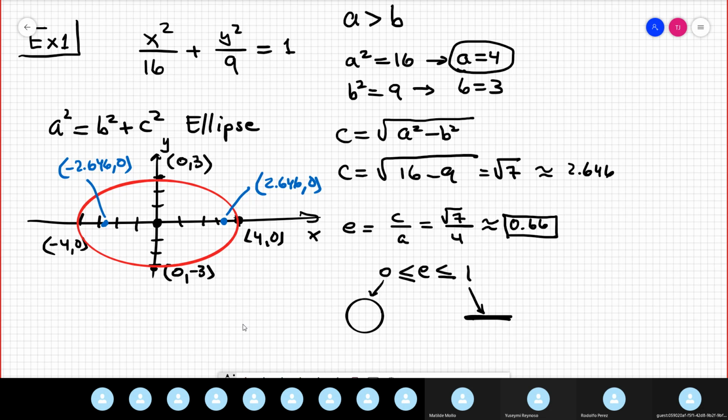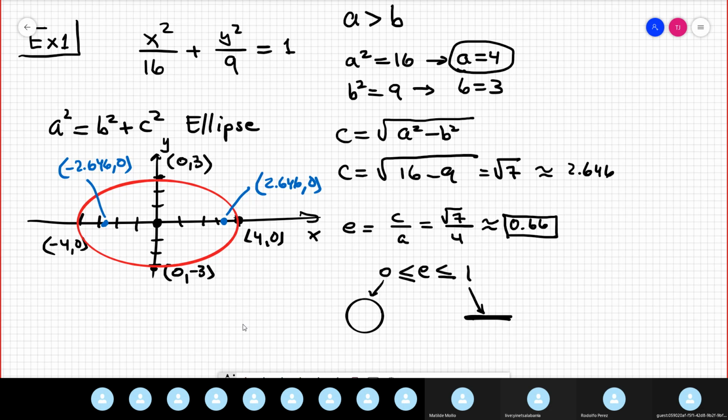You have this possibility or this possibility. X minus h, so always h is associated with x. So we have two possibilities.